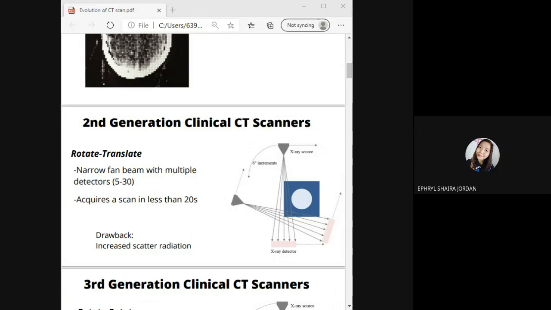This was in 1975, released by EMI, the company that Hounsfield worked for, and EMI released this second generation scanner that was able to acquire a scan in less than 20 seconds, di ba? Through the use of 30 separate pencil beams.